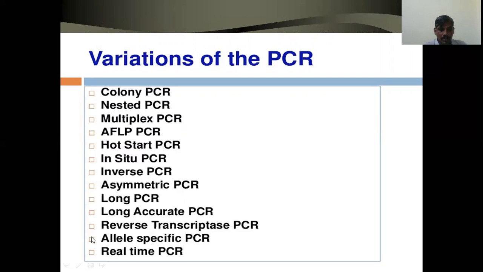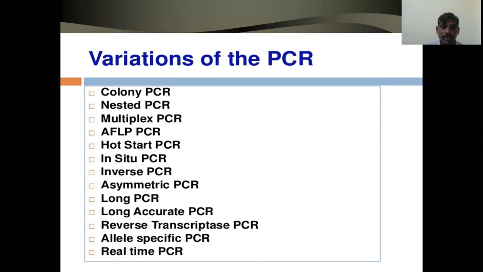During the COVID pandemic situation, the confirmation test was done by one of the PCR techniques, known as reverse transcriptase PCR. And one more PCR is the real-time quantitative PCR and the allele specific PCR. These are the different types of PCR and applications we are using in molecular biology nowadays.